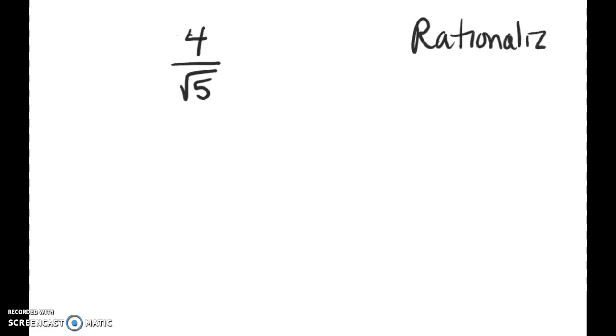So the thing is, when you see a square root in the denominator, it is not proper formatting to keep the square root symbol in the denominator. So you do something that's called rationalizing the denominator.